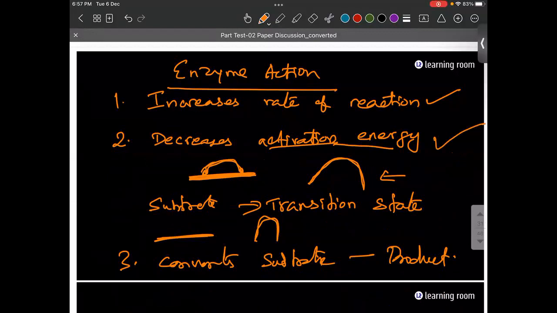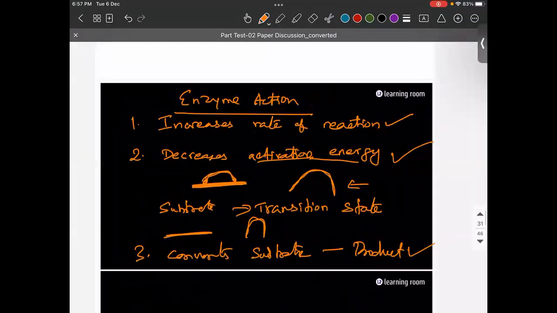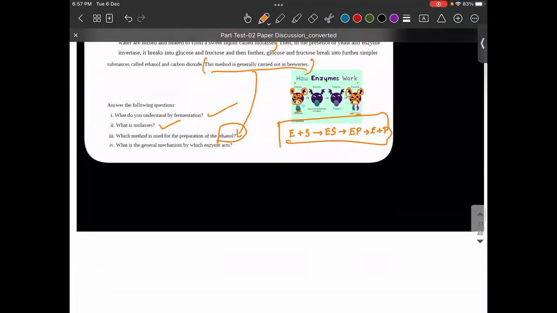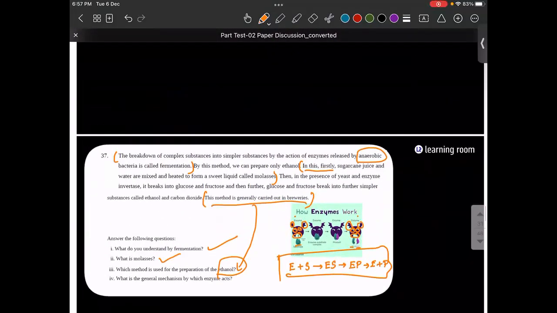Enzyme increases rate of reaction. Enzyme decreases activation energy. Enzyme converts substrate into product. So these are all the 3 important points you have to give for this particular question. Is it clear? Yes, sir, it's clear, sir.